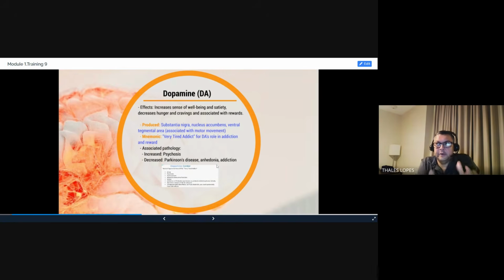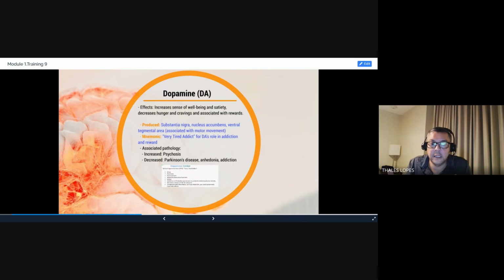Now, remember, serotonin is synthesized, produced, made in the raphe nuclei. The dopamine is all about pleasure, right? Remember, dopamine and GABA are the receptors involved in substance use.